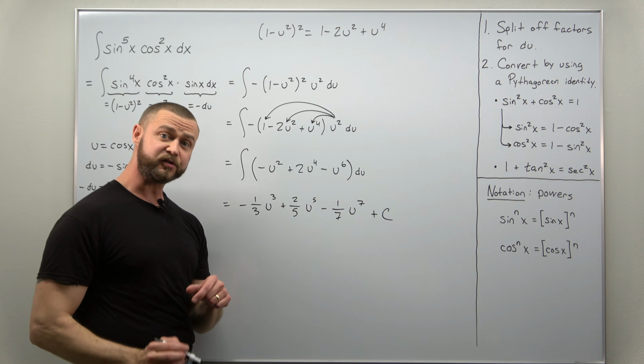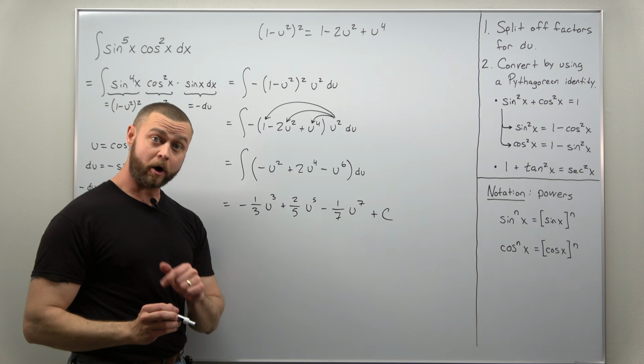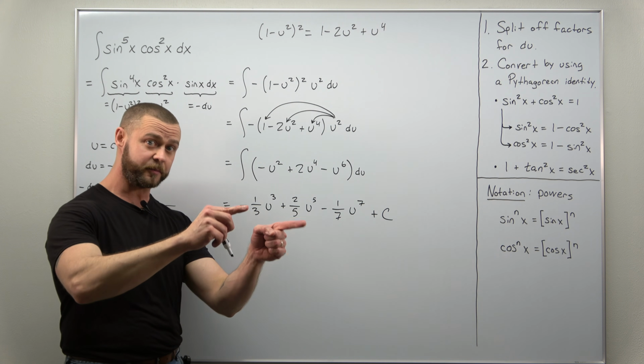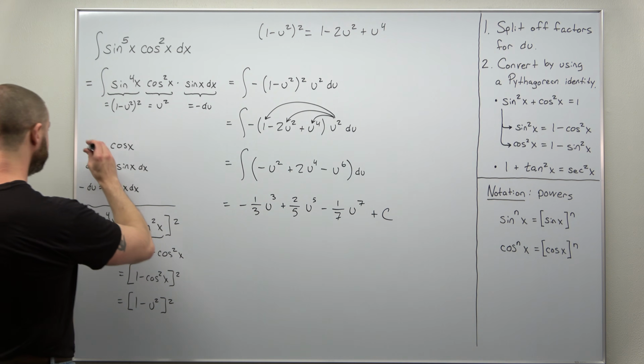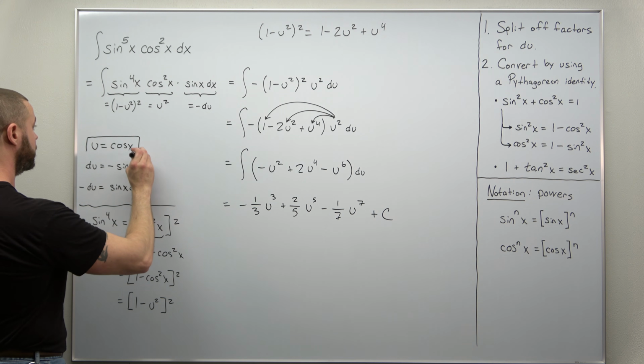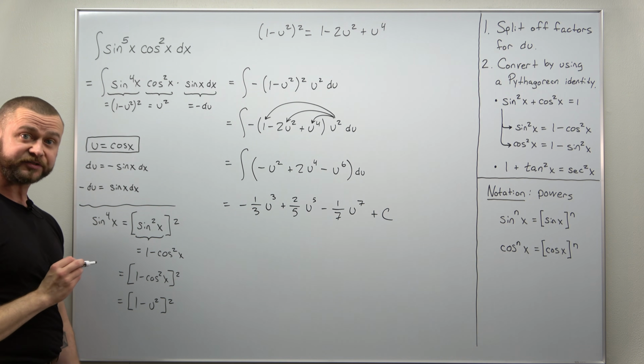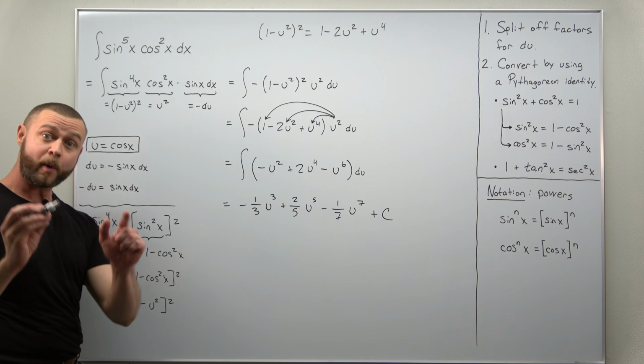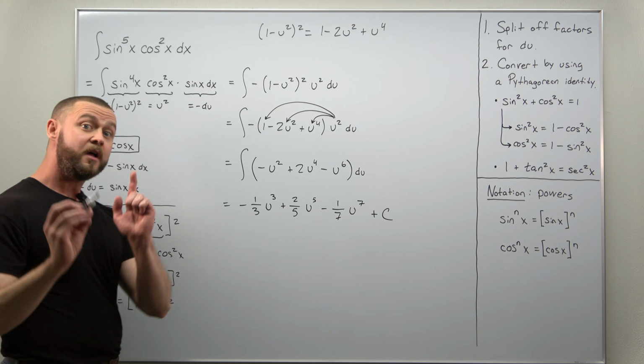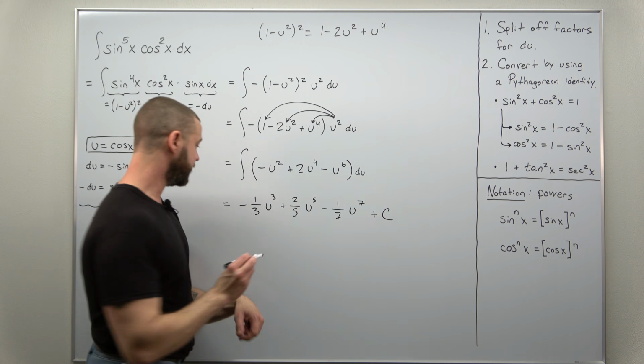And your last and final step, like in all substitution problems, convert from u back to x, and we were using u as cosine of x. So if we just plug that in everywhere, we're going to get our antiderivative involving powers of cosine.